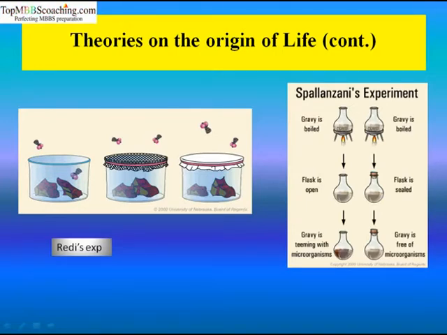Days later, the unsealed bottle was teeming with small living things that he could observe more clearly with the newly invented microscope. The sealed bottle showed no signs of life. This certainly excluded spontaneous generation as a viable theory.